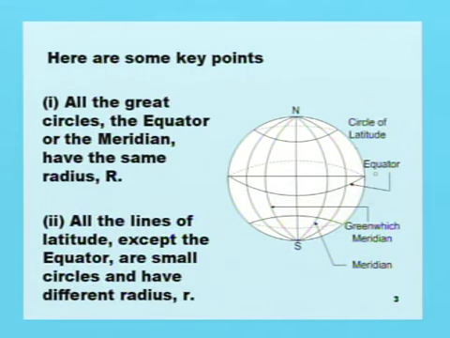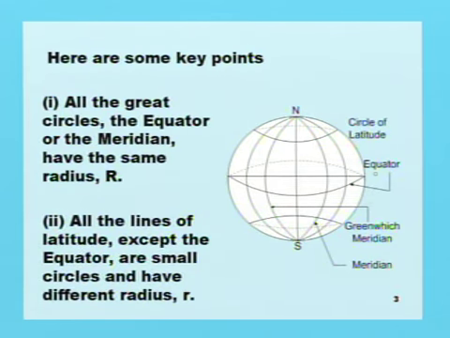Here are some key points to note. 1. All great circles, the equator or the meridian, have the same radius, big R. Part 2. All the lines of latitude except the equator are small circles and have different radii, labeled little r.